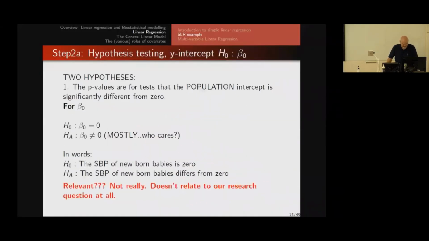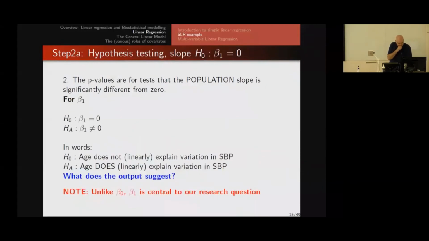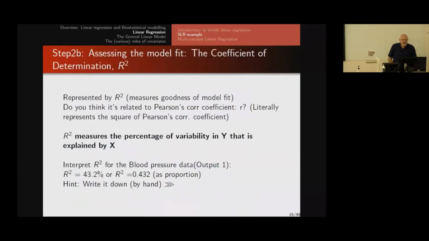What does that mean? It means, from the blood pressure data, that about 43.2% of variation in someone's systolic blood pressure can be explained purely from their age. Now, one thing I do ask people to do, if they haven't come across R squared before, if they've got a hard copy of the notes, is actually write that down, because it's a way of reinforcing how we interpret it in our head.